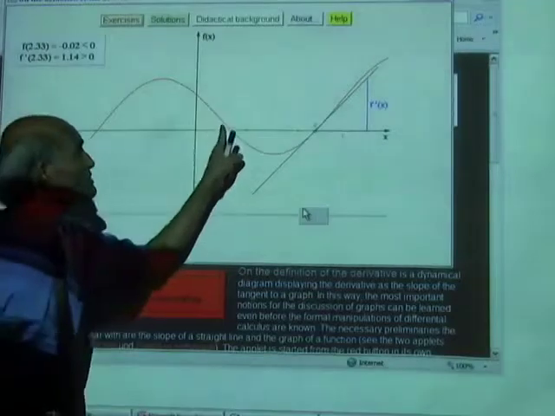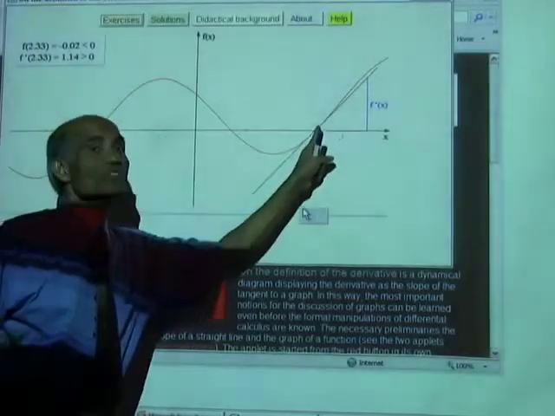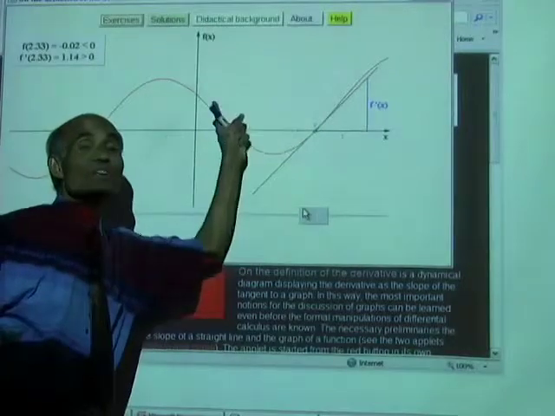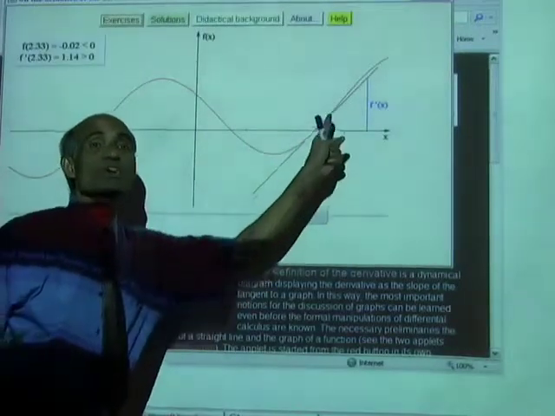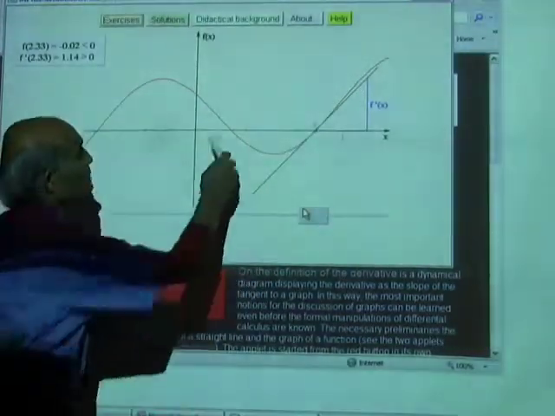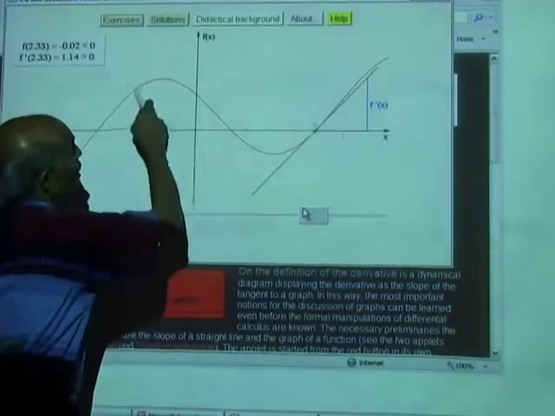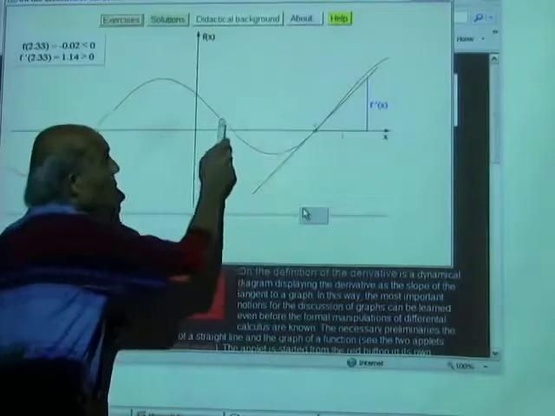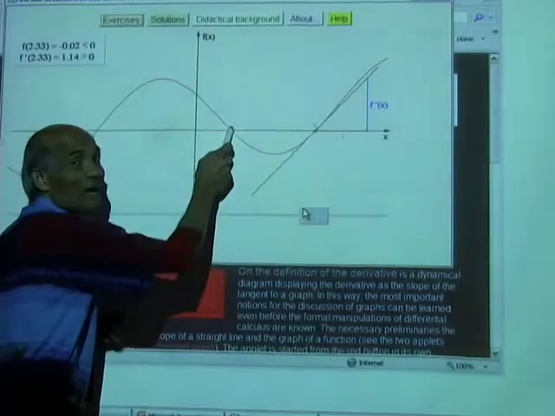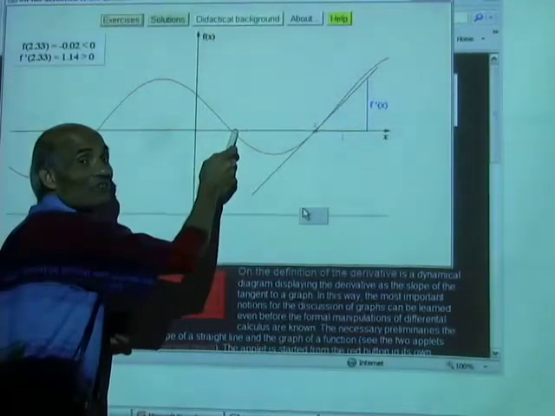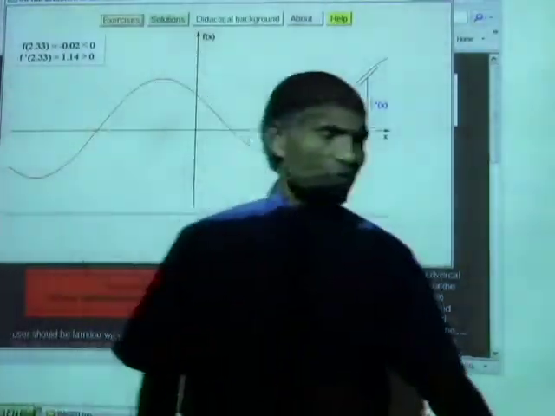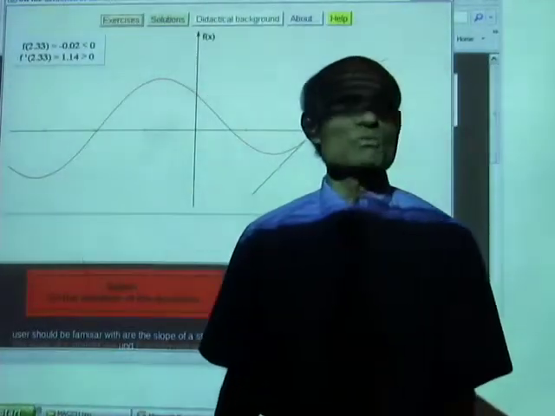So on this interval, the first derivative is increasing, means the second derivative is positive, the graph is concave up. And somewhere here, the concave down gives way to concave up, and that is where you have the point of inflection. Alright, well, that illustrates it a little better than the ones I drew.